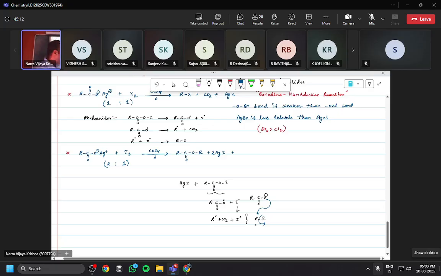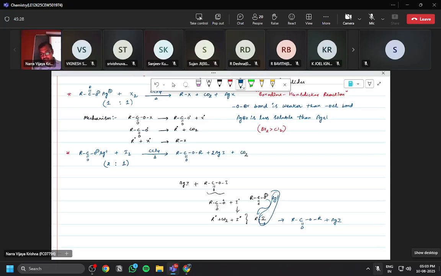First mole happened in this way, second mole can attack here. Then what you will get? RCOOR. Here Ag plus and this I minus will combine to form AgI. Correct? Any questions in it? So you got ester.